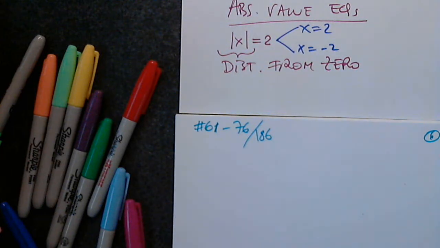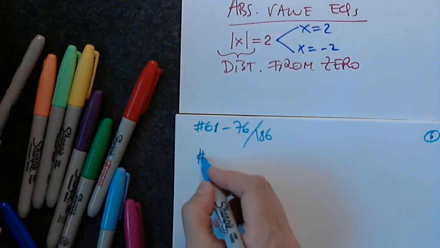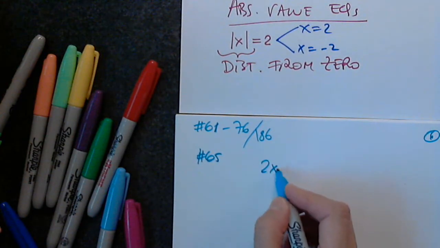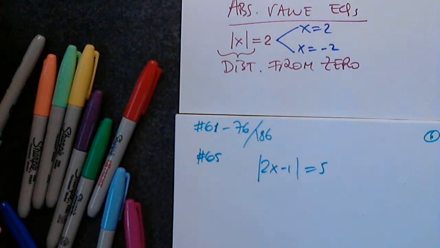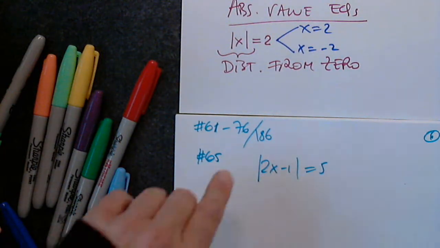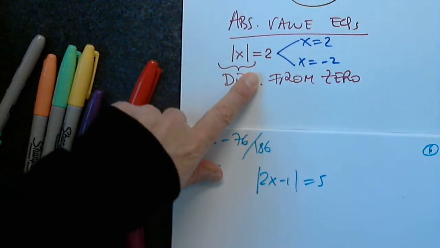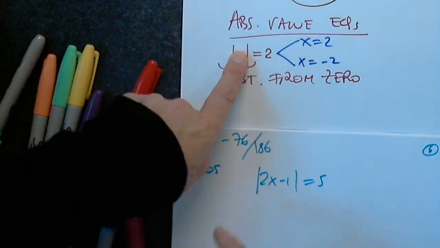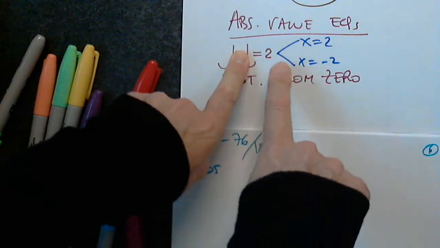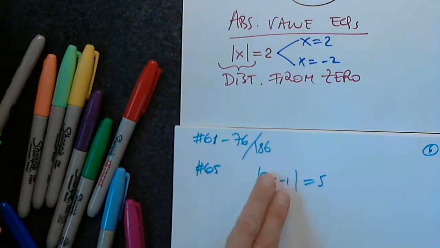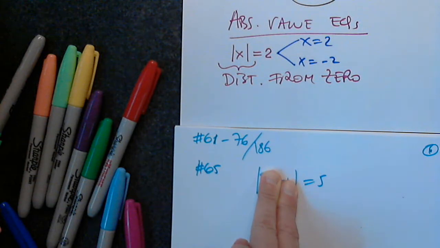We picked 65, and that is the absolute value of 2x minus 1 equals 5. Remember, on the previous situation, I asked you, what does this say? It says, find x such that the distance from 0 is 2 units. This time I'm asked the same thing. Find x such that the distance between this number and 0 is 5 units.